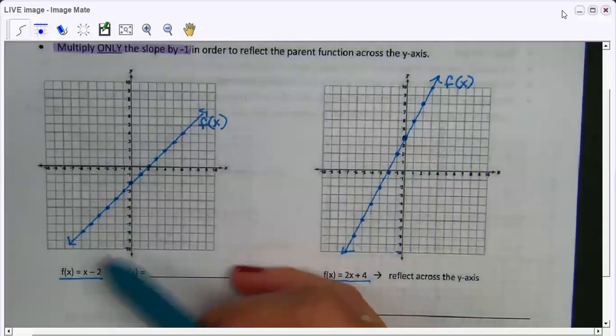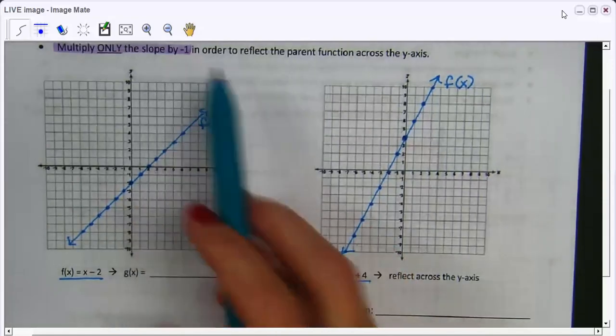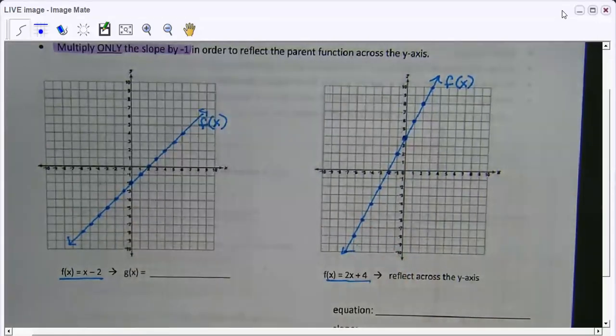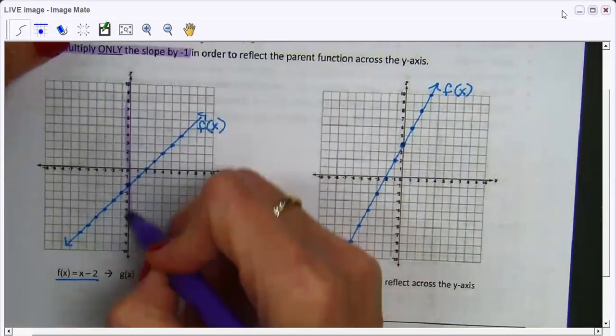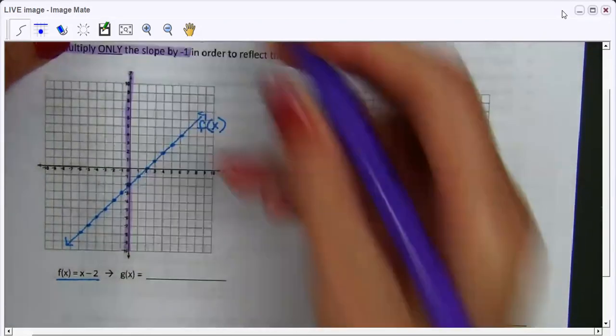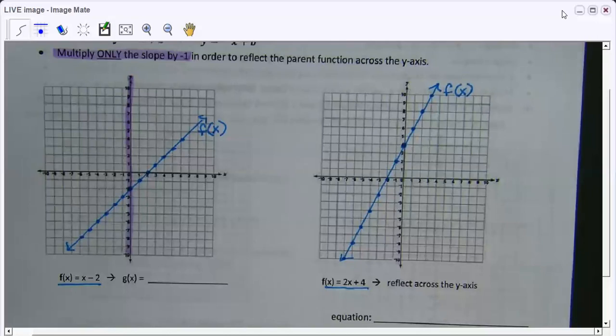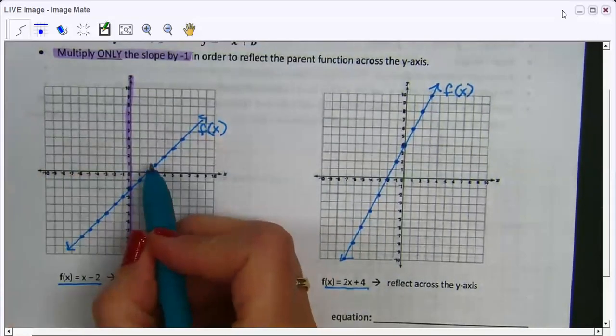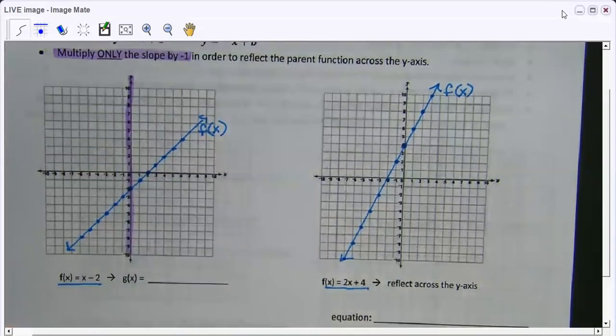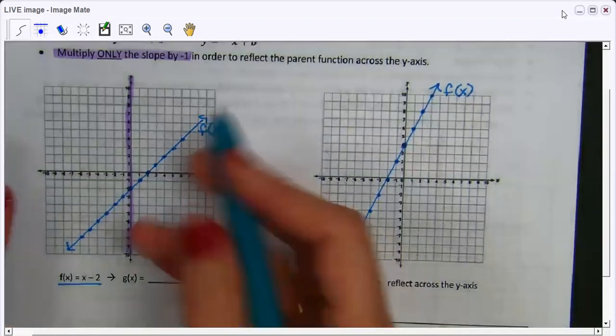Okay, so graph all 3 of those, and I'm going to pause the video while we do that. Okay, so this is the original function, and it's telling us to reflect across the y-axis. So when we reflect across the y, we have to remember that we're reflecting across this right here. So it's the opposite of what we did. Now every point is the same distance away from the y-axis on either side.